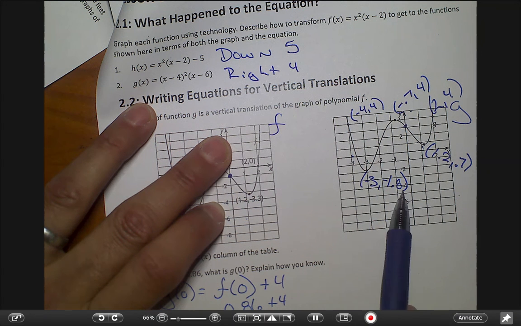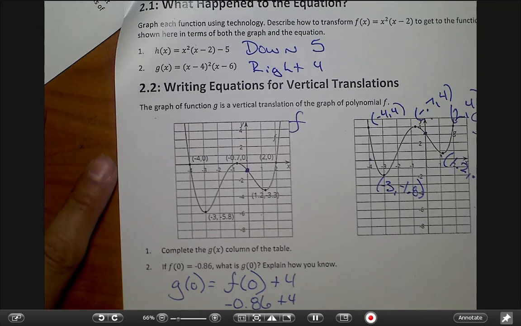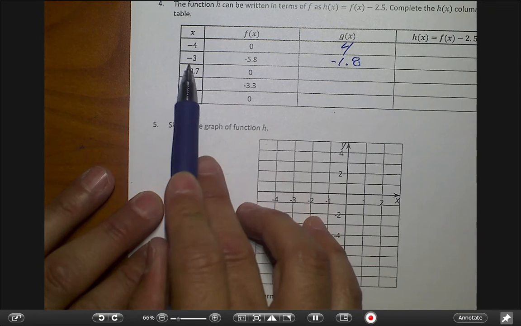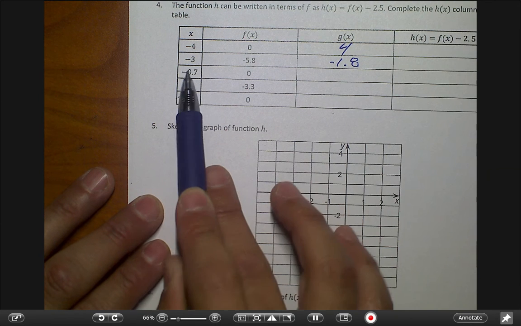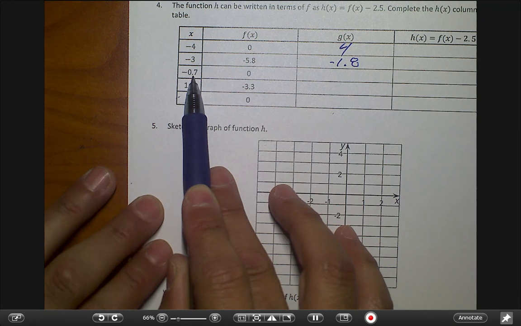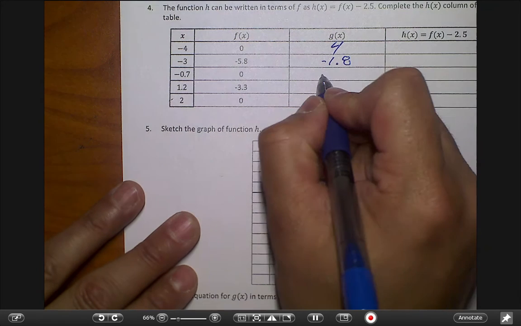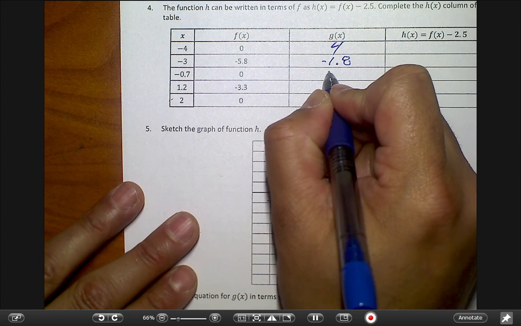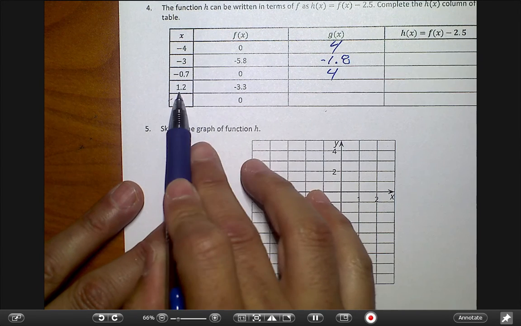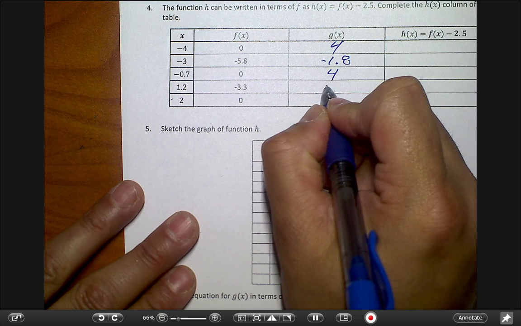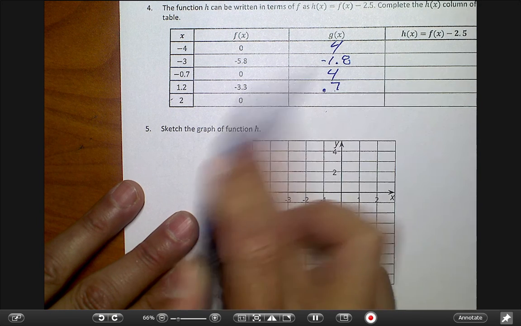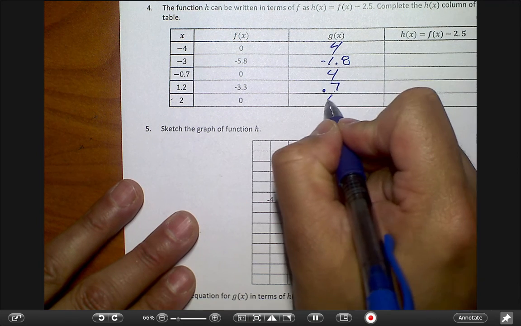And then the y value. We're just putting the y, yes, for those points. So when x was negative 3, the y is negative 1.8. When x is negative 0.7, the y was 0 or 4? 4. When x was 1.2, positive 0.7. Yes. When x was 2, y is? Positive 4. There you go.